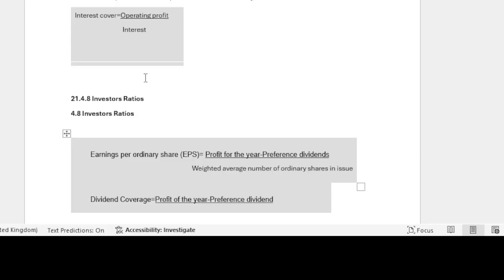Then we have investor ratios. Here we have the EPS, or the earnings per share, where we look at the profit for the year, less the preference dividends, and we divide it by the weighted average number of ordinary shares that we have issued to the public.